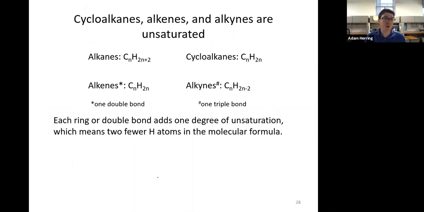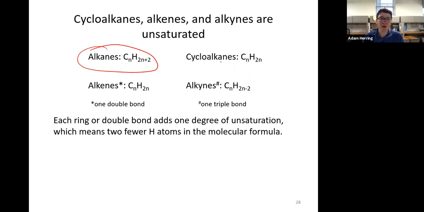Let's now talk a little bit more about saturation. So cycloalkanes, alkenes, and alkynes are what we call unsaturated. For a molecule to be saturated, it has to have the maximum number of hydrogens attached that it can have. That involves only alkanes.